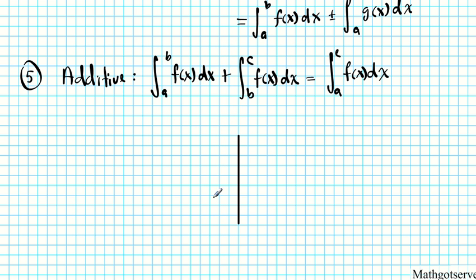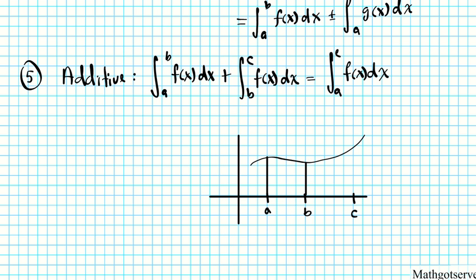Okay, so if you think about it, let's use the area model that will help us understand this one. So what is it that we're doing here? We're just basically adding two areas that are next to each other. Okay, so let's say we have this function, and then this is a, and then this is b, and then this is c. Okay, so what is this telling us? This first integral right here is the first area, right?